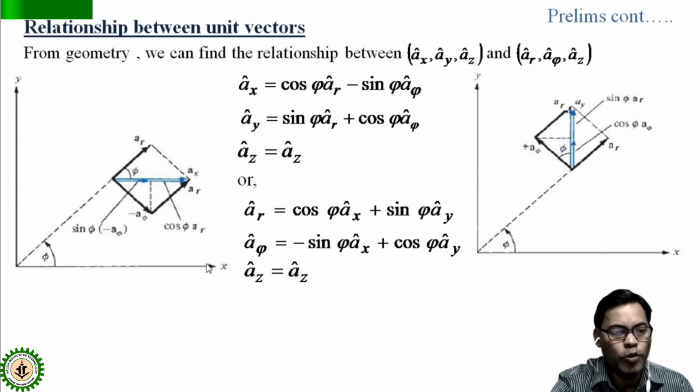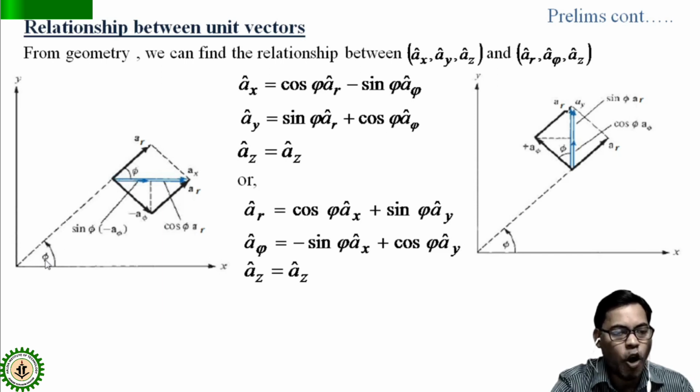Now, we are going to find out the component of ar along the x-axis. To find this, we have drawn here the blue line. You can see the parallel axis, which is represented by ax, the unit vector along the x direction, and this is phi, because this is the phi angle. So, this will also be phi. It is simple geometry.